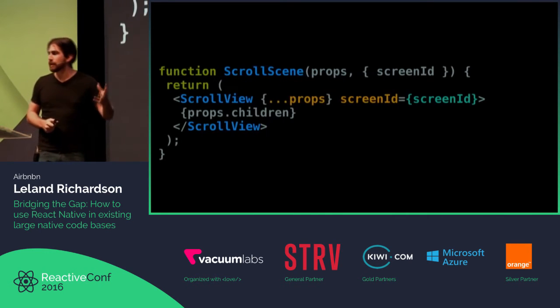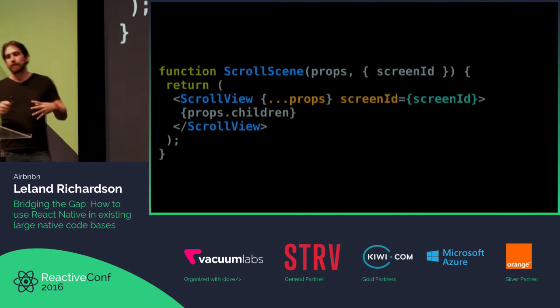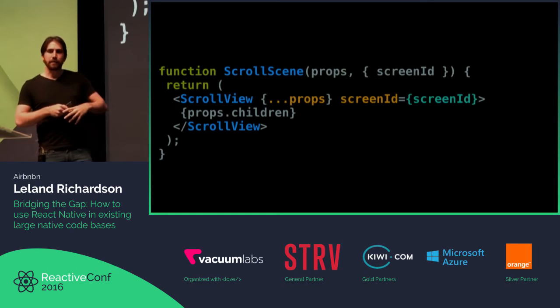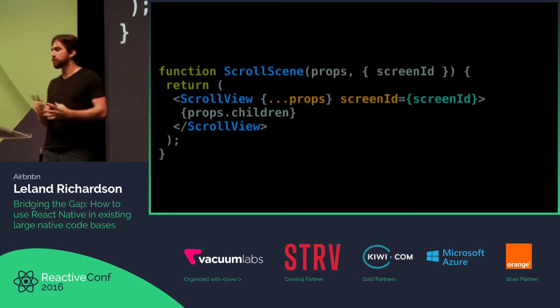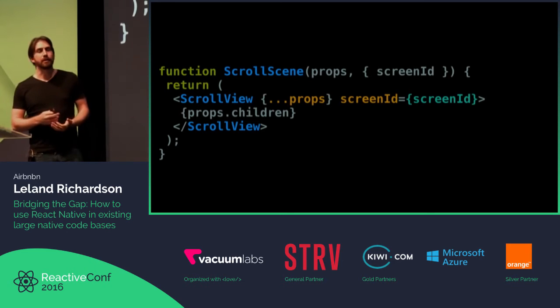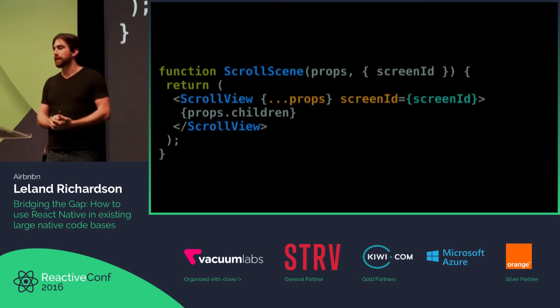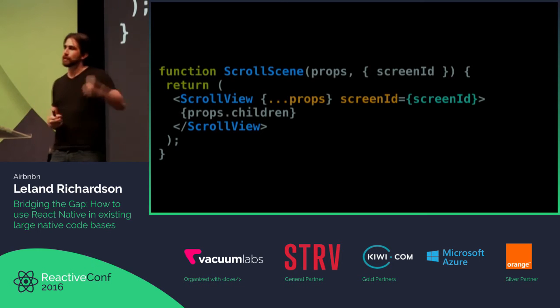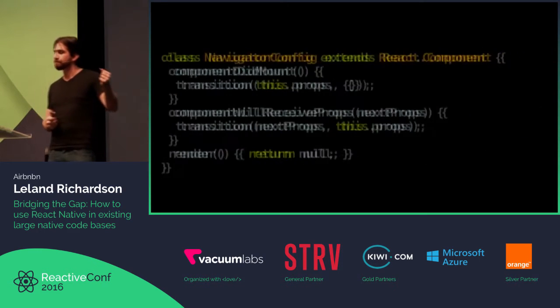And then the scroll scene is just a wrapper around a normal scroll view, but we end up passing in a context property here, which the underlying implementation then knows how to attach that scroll view to the nav bar of that screen.